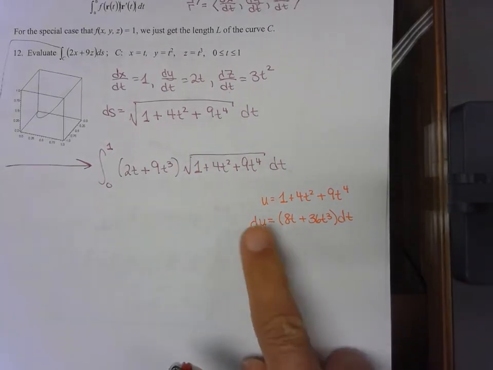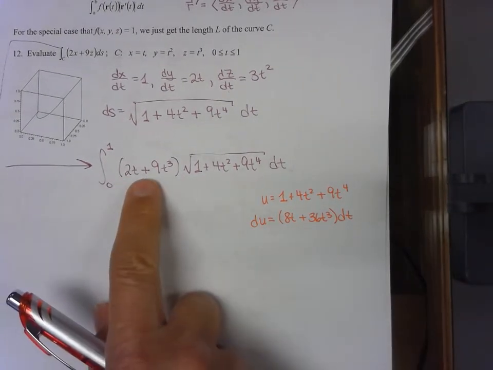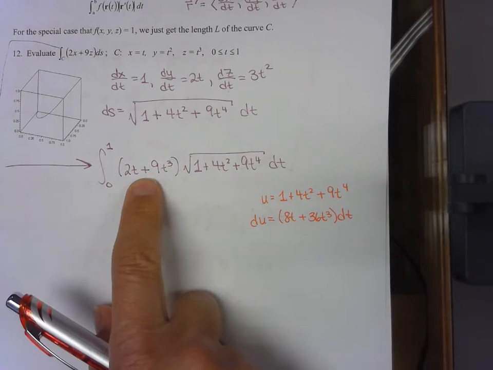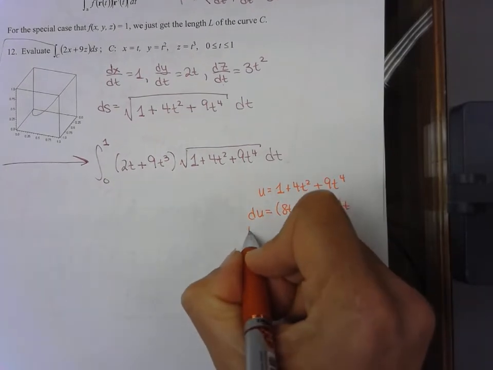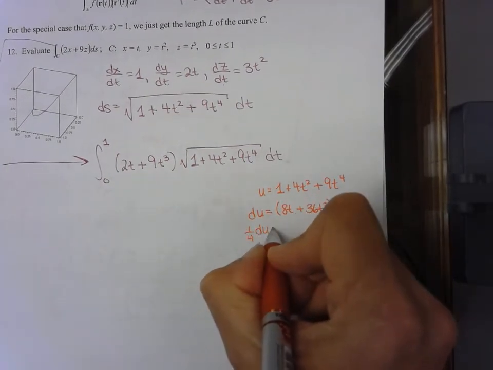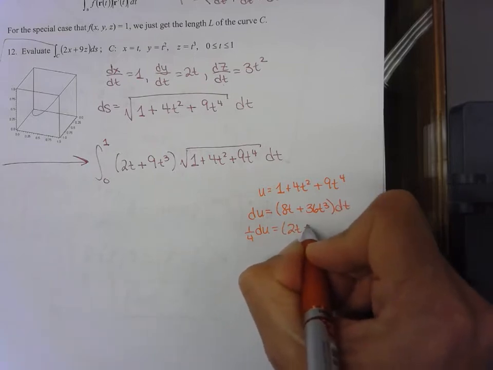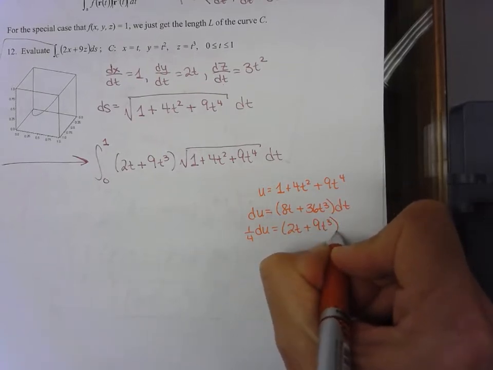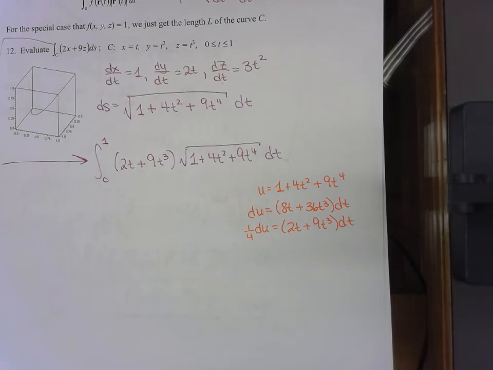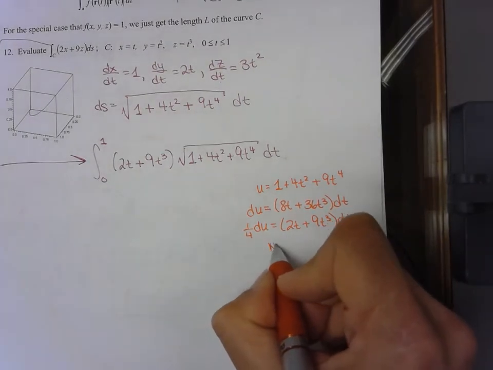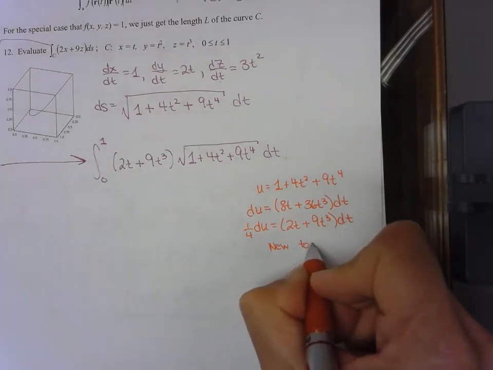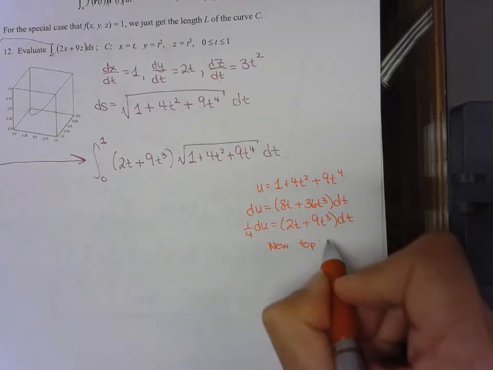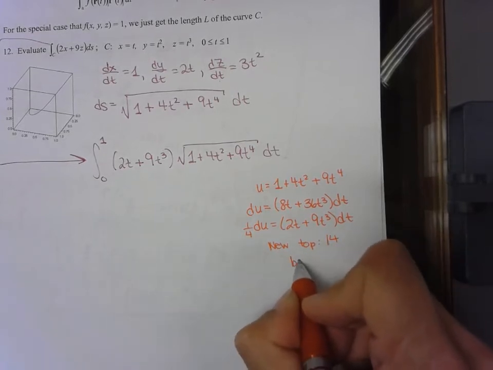Can I multiply both sides by a constant to make it look like that? Yeah, if I multiply both sides by 1/4. So it's going to work. But what is our new top limit then? 14. And what's the new bottom? 1.